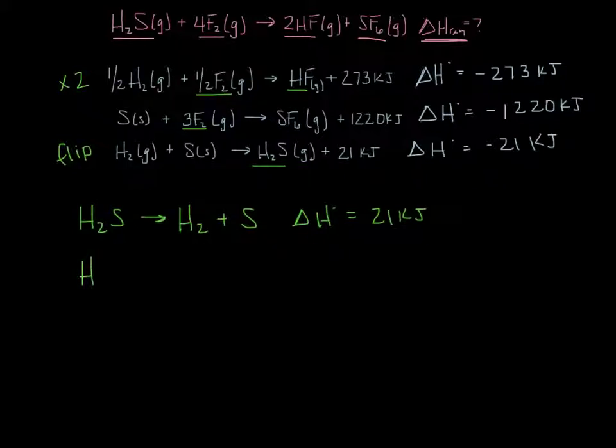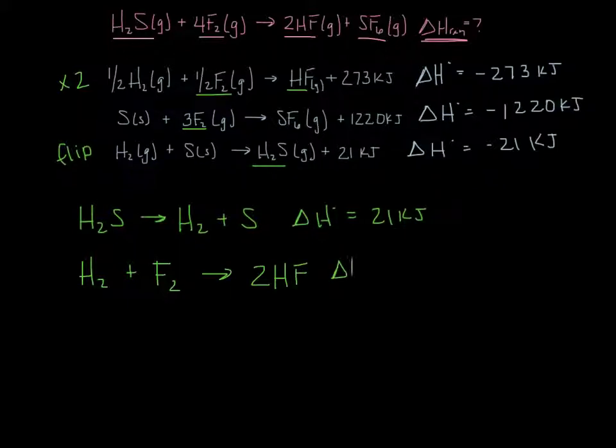So 1/2 times 2 is 1. So this becomes H2 plus 1/2. And remember, whatever I do to one part of the equation, I have to do to the entire equation and to my delta H. So 1/2 times 2 is 1. So that's H2 plus F2. And HF times 2 is, I just have 1 mole, so it becomes 2 HF.